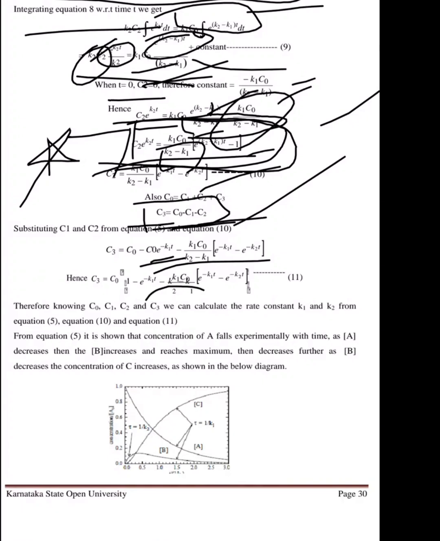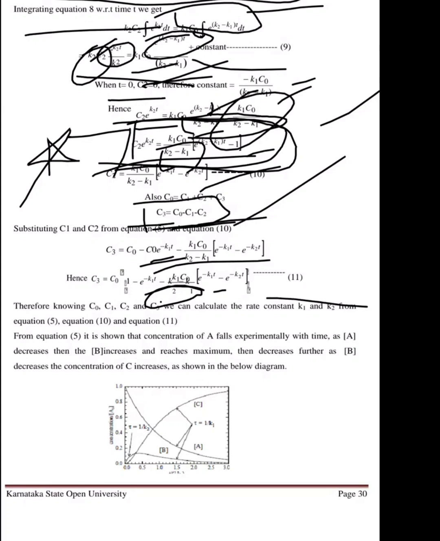This one came below in the denominator, K2 minus K1. So further e to the power of minus K1t minus e to the power of minus K2t. This is equation 11.